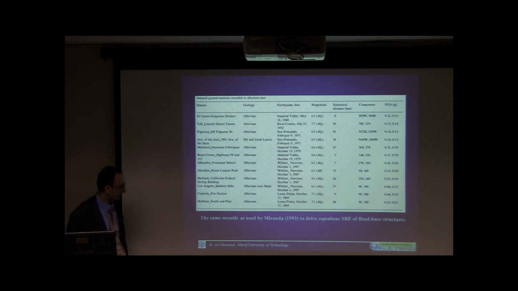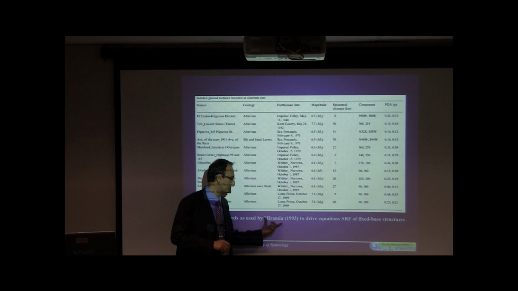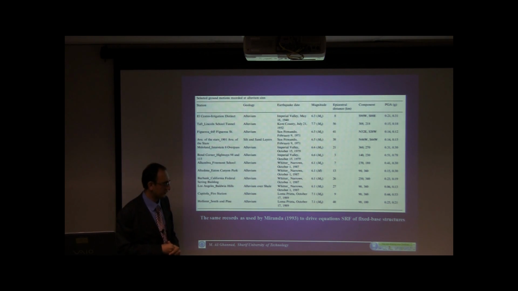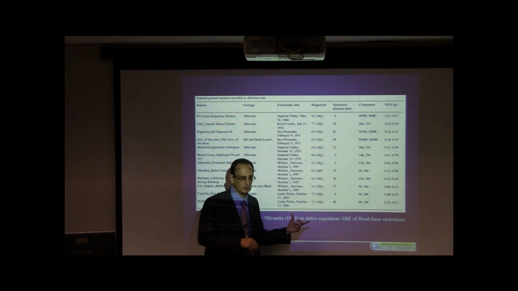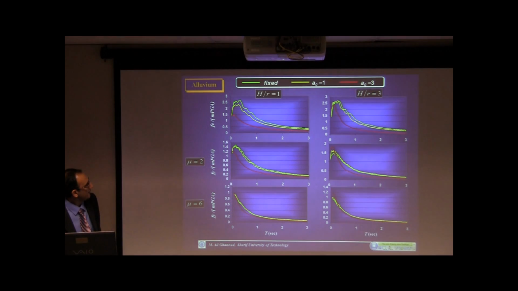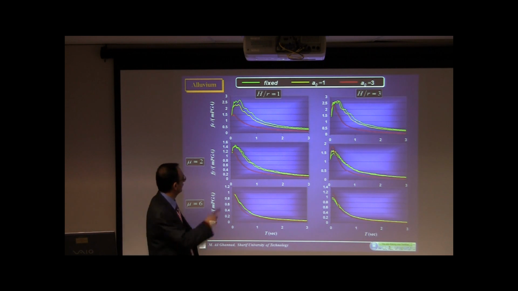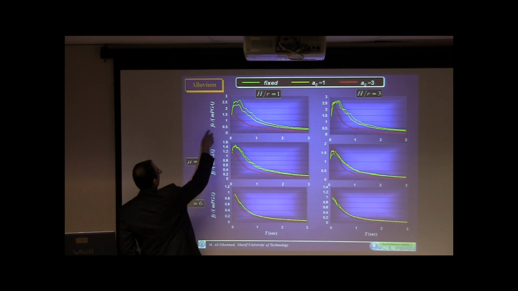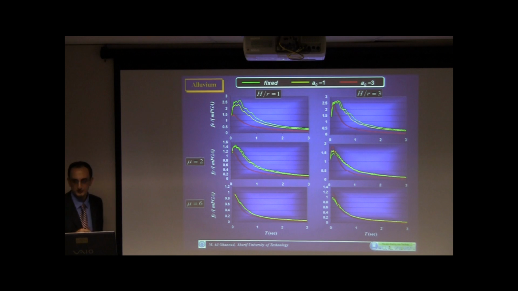I used the records that Miranda used to derive the strength reduction factors for the fixed base structures, to be comparable with his famous equations, which are used in many places. So in these graphs, the first row is the elastic strength demand.